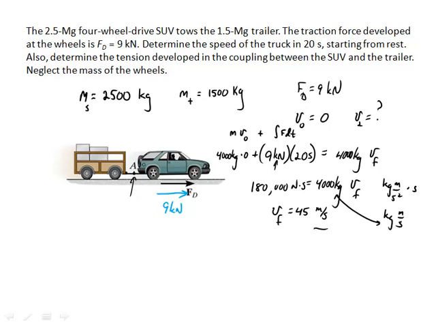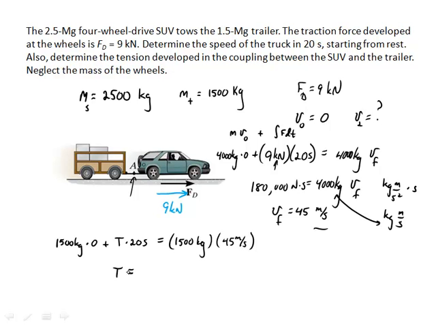In the second part, the tension in the coupling. In that case, the tension is the only force acting on the trailer, and so I would have 1,500 kilograms times 0 meters per second plus the tension times 20 seconds equals 1,500 kilograms times the velocity of the trailer, but of course the trailer is moving at the same velocity as the system.